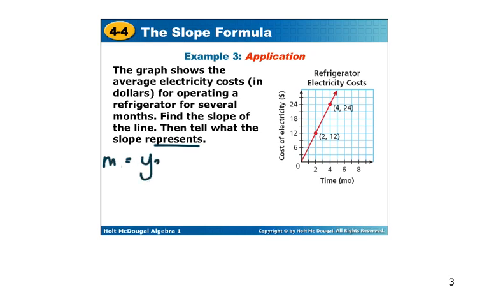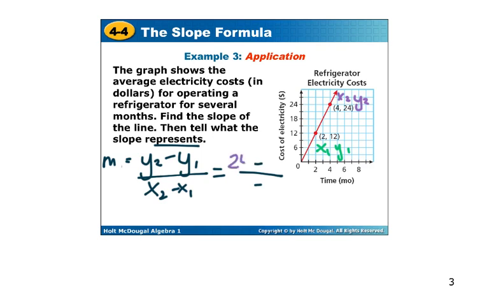Okay, so our slope again is y2 minus y1 over x2 minus x1. And so we go through and label. So let's see. This could be my x1 and my y1, that's fine. This can be my x2 and my y2. And so if I fill them in, I'm going to want a y2 first. So y2 is 24.